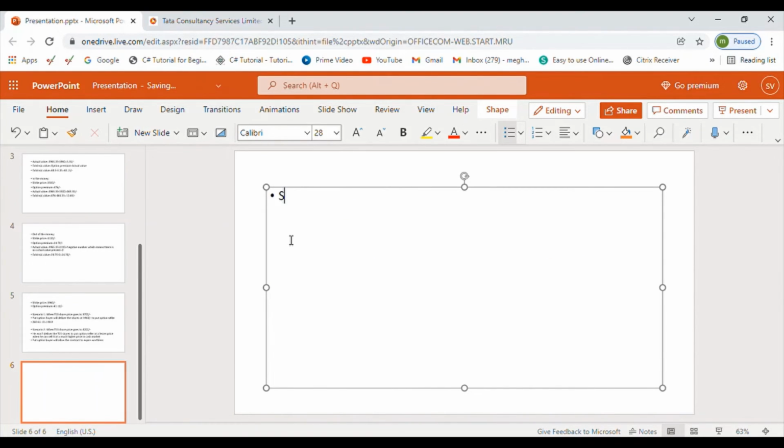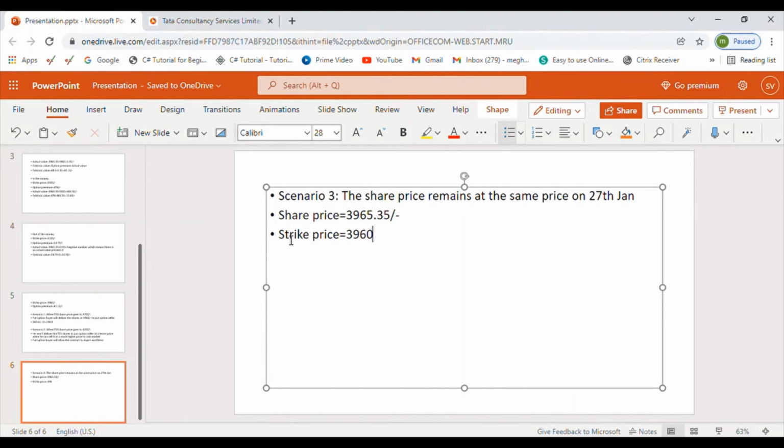Now we'll take scenario 3, where the share price remains at the same price on 27th January, which means the share price is equal to 3,965 rupees 35 paise, and the strike price is 3,960 rupees.